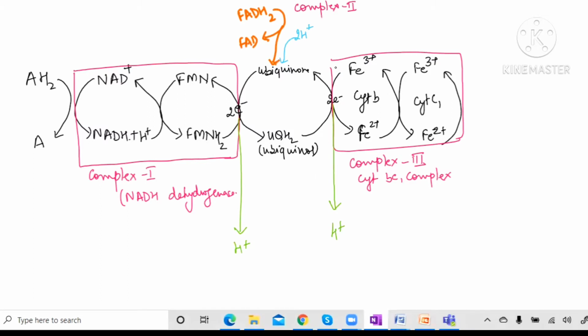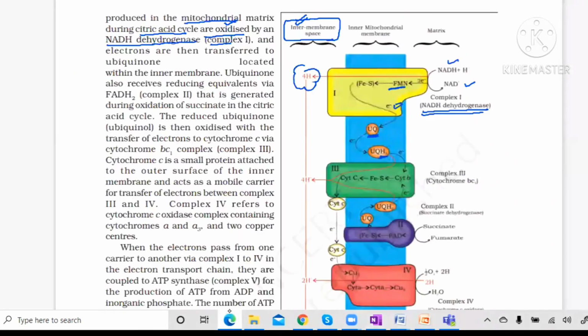That complex 2 is named succinate dehydrogenase. From the diagram, up till here the concept is clear: complex 1 is giving to ubiquinone, complex 2 is also giving to ubiquinone, and ubiquinone is then giving to complex 3. Now see the diagram.